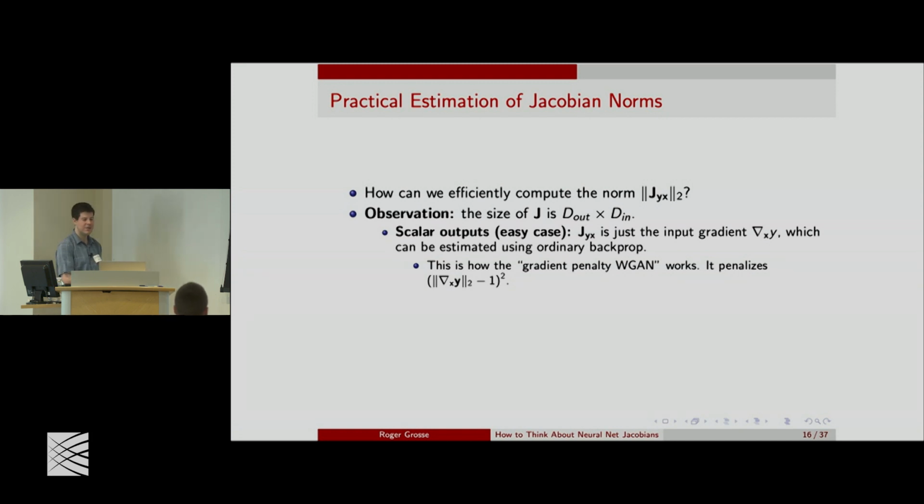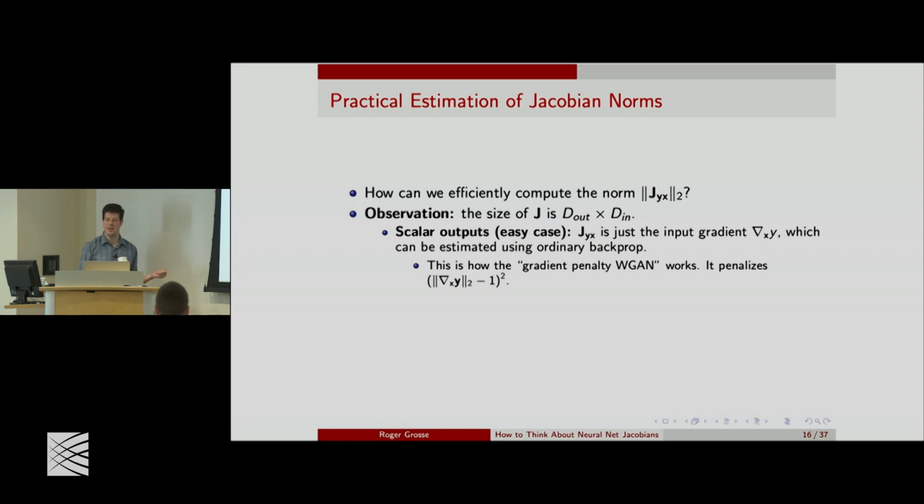The way the gradient penalty WGAN works, if you've heard of that, is it imposes a regularizer on the network that requires the 2 norm of the gradient to be close to 1. It penalizes the squared distance between the gradient norm and 1 and puts a very large penalty on that, so that in practice the gradient is very close to unit norm.